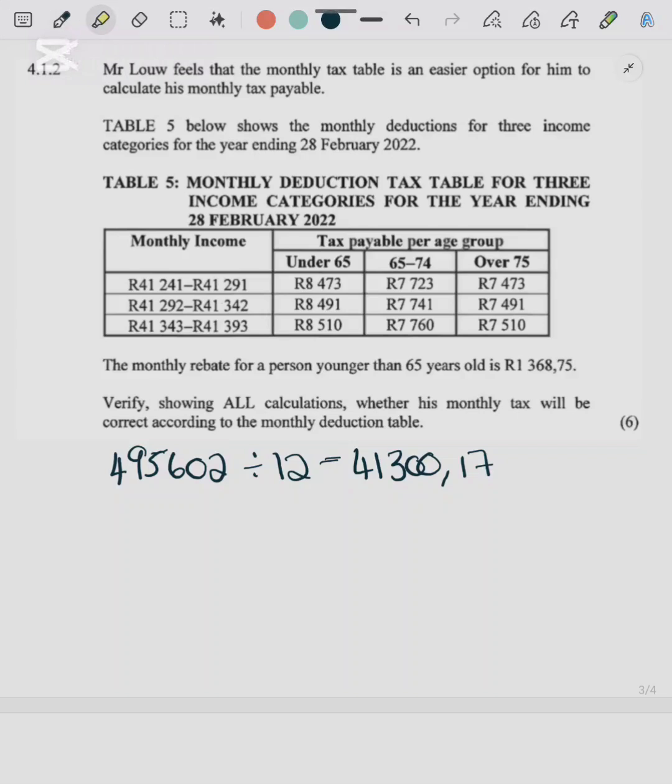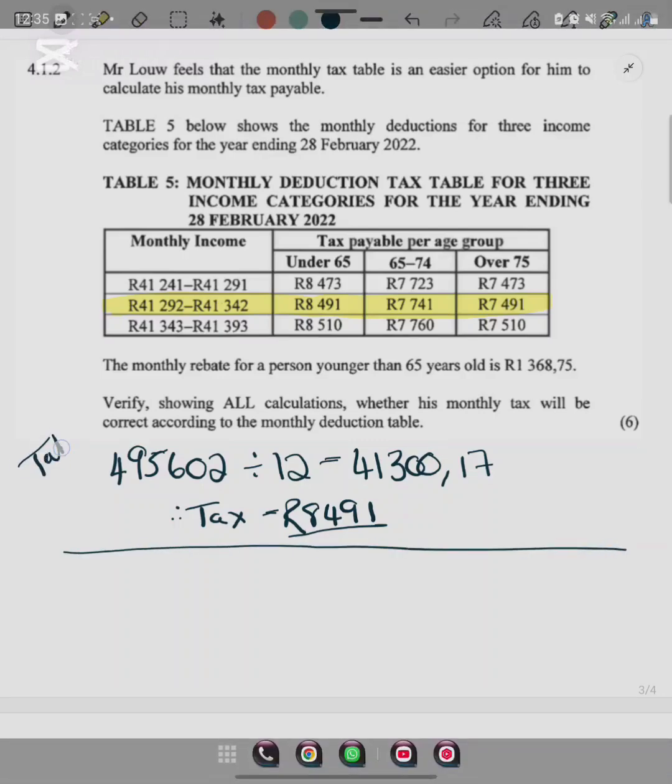Now that tells me from the tax table, if I look at it, it's going to fall in this middle bracket over here. Okay, so therefore, according to our tax table, his tax payable should be sitting at 8491. That's where it should be. Okay, we don't need to worry about taking off rebates and things, because remember, your table already has that off. Now, I'm just going to label this as the table.